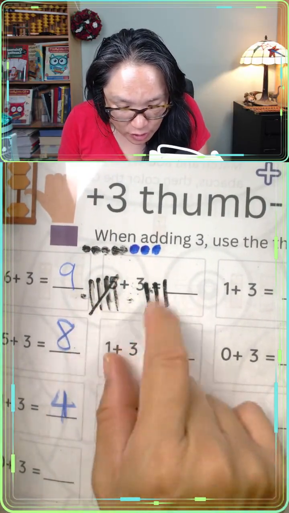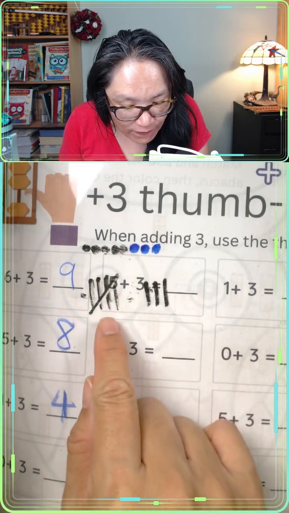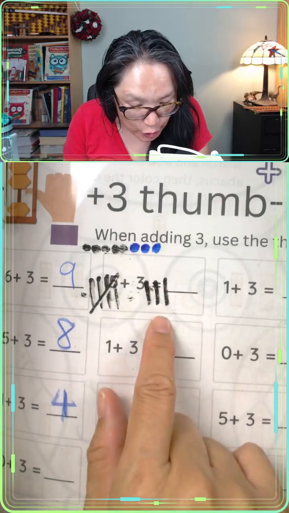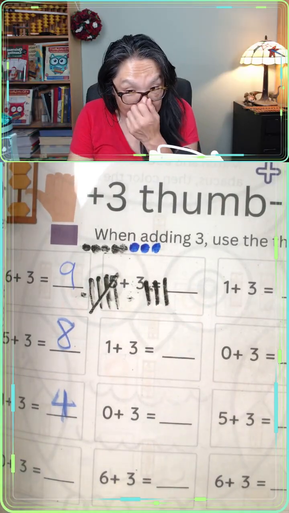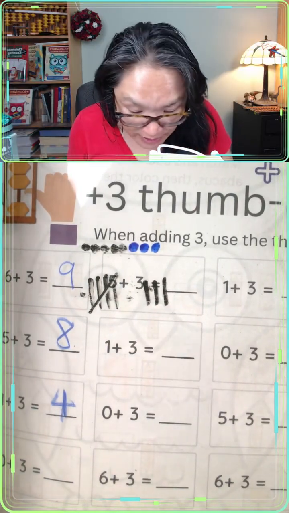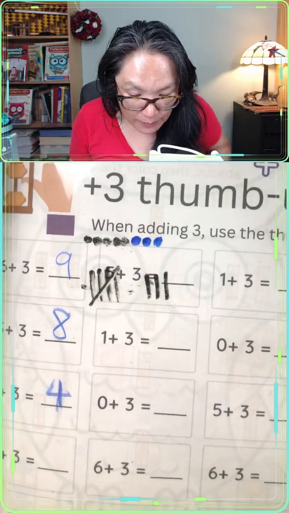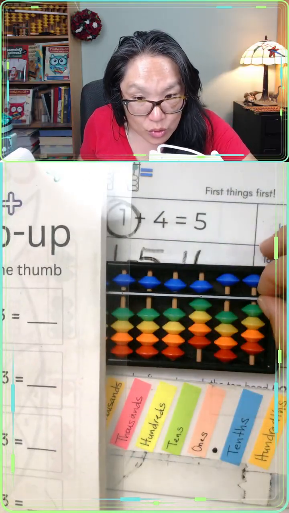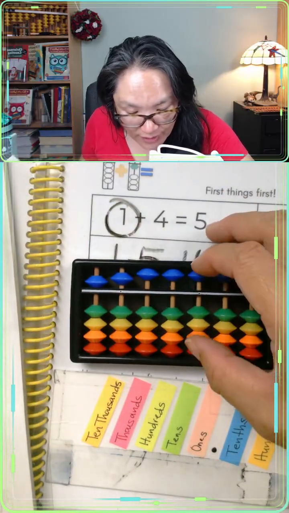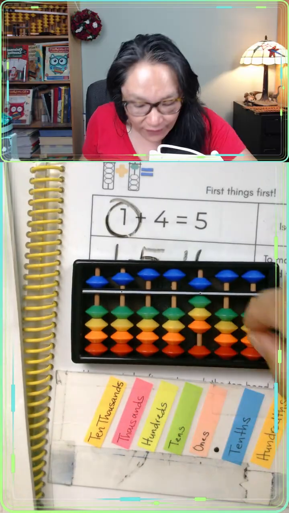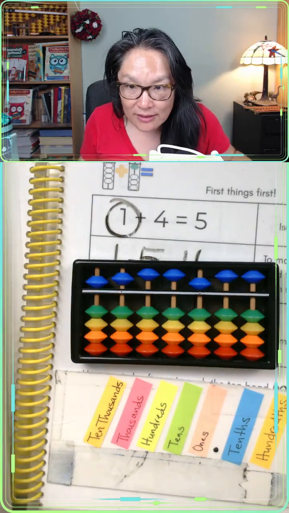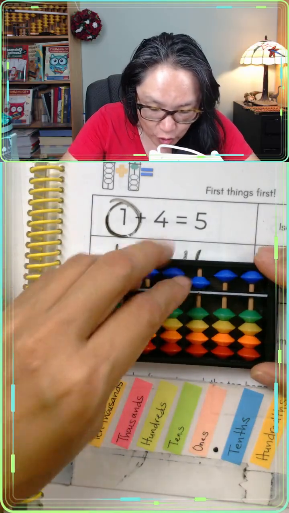That's why using a tally is easier. But if you did 50 tallies with 30 tallies, it would be very hard to see. You would have to count on. You would have to keep counting. But in Abacus, it's easy to subitize. Subitizing means that if I do this, you'll know that this is 8. If I do this, you will know that this is 5. So that's what subitizing means.